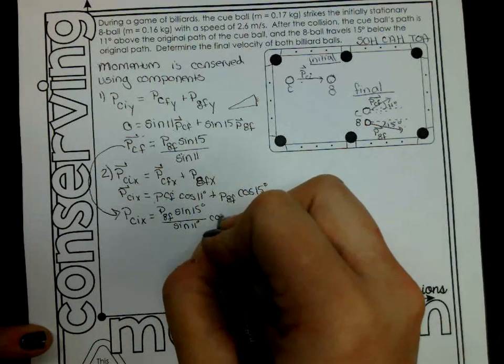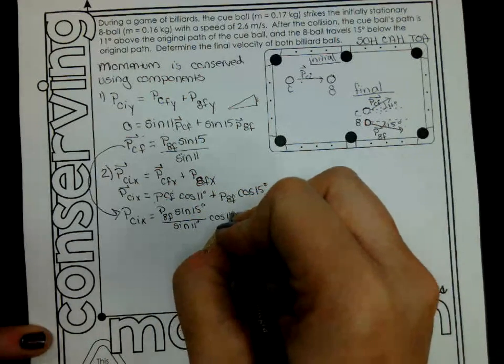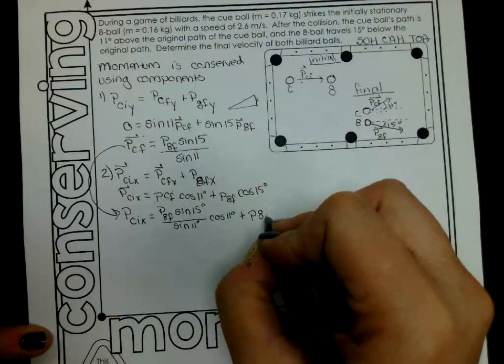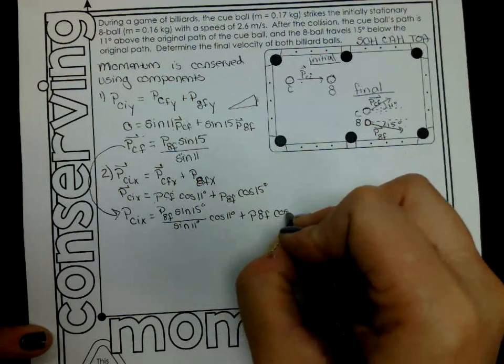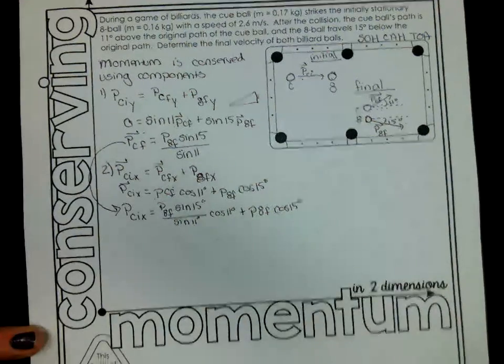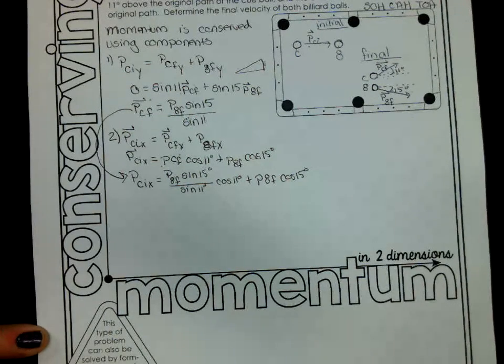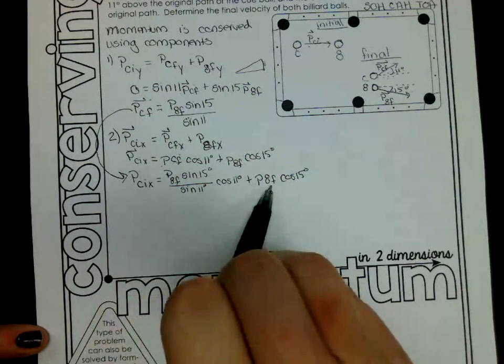All of this is times cosine of 11, plus, we're going to bring this down, momentum 8 final cosine 15. So I want to simplify, and I have got 2 momentum 8 finals here.